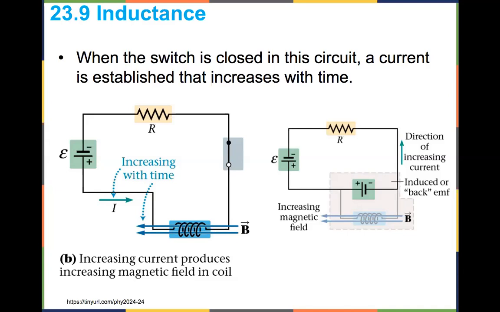If the current is increasing or decreasing, there will be induction by the inductor. Otherwise, if there's constant current, there will be no induction on the coil. So the inductor will have induction if there's a change in current.